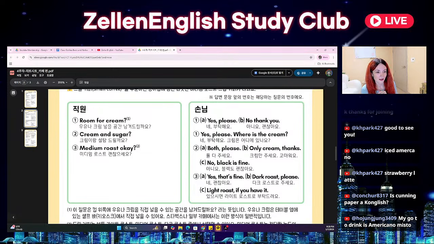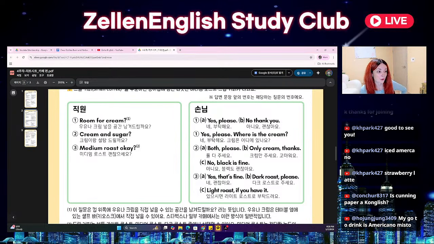So you can say, yes, please, and even ask, where is the cream? Culturally, at a lot of places, including Starbucks, there's a little kiosk, a separate counter where you can serve your own cream and sugar. But not all coffee shops have that. Sometimes if you want cream, you have to ask for it.